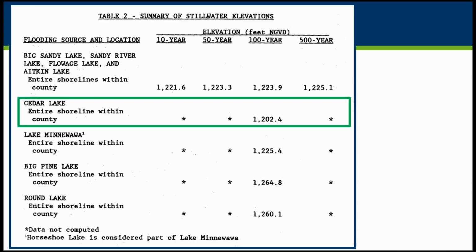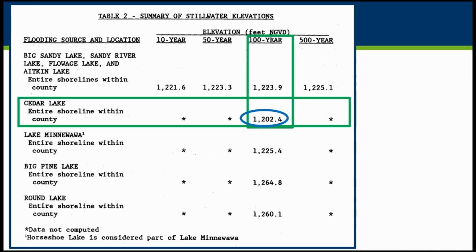Then I find my lake of interest, which was Cedar Lake for this example. And we know that the flood insurance study shows several frequencies for the flood elevations, but we're looking at the regulatory elevation, which is that 100-year or the 1% annual chance flood. To the nearest tenth of a foot, which is what it will show here in this table, the base flood elevation is 1202.4.